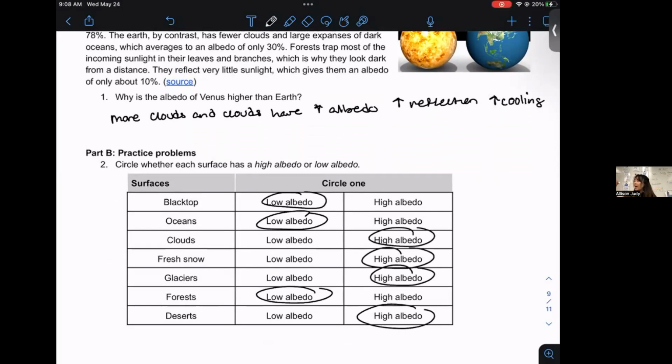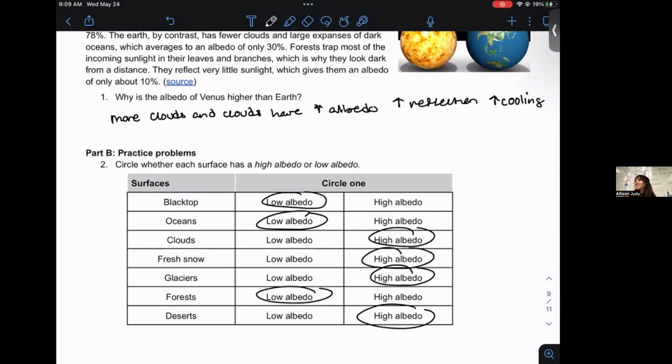Deserts just reflect. But it's hot. Just because a forest is cool or hot doesn't tell you how much heat they're absorbing in terms of UV and IR rays. But deserts are high albedo.